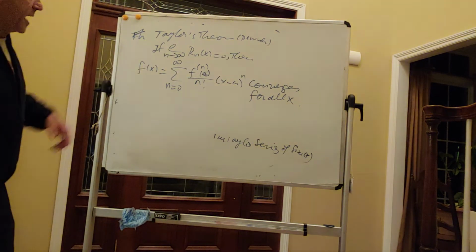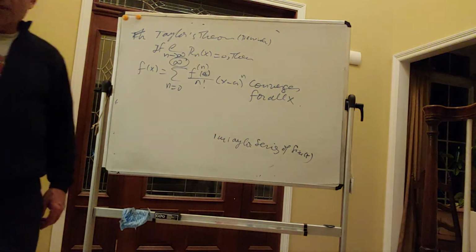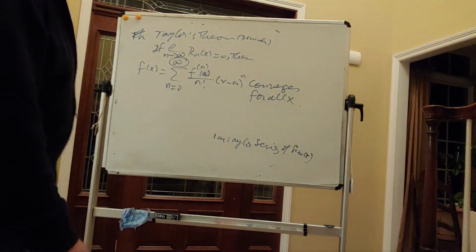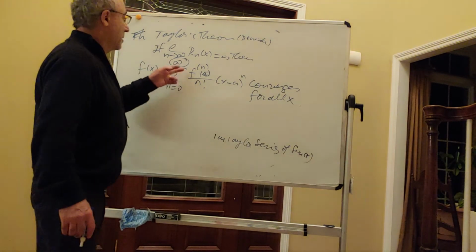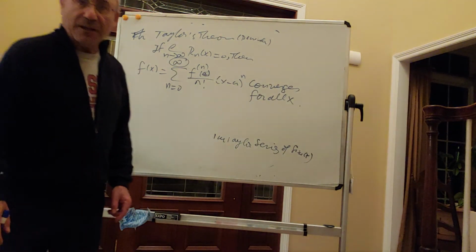I need you to understand, now all of a sudden I went to infinity. This is not the polynomial. So basically this is the Pn of x, the polynomial, plus the remainder. Okay? So this is what it is.